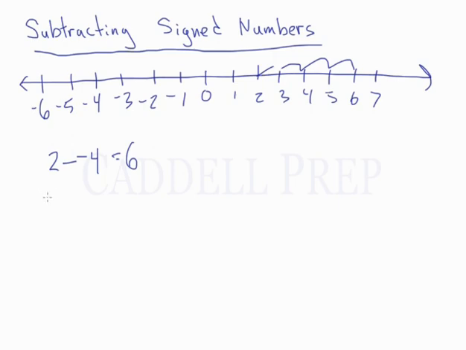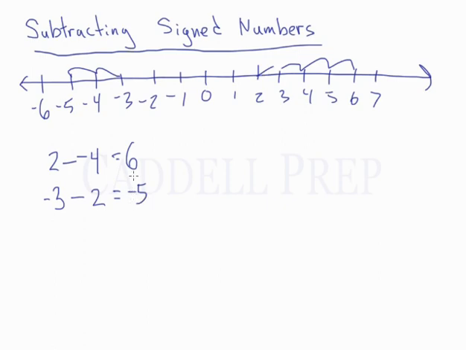Let's try a different one. Let's do negative 3 minus 2. Okay, we have negative 3, and we're subtracting 2. So when you do subtraction, you go to the left. So we had negative 3, negative 4, negative 5.